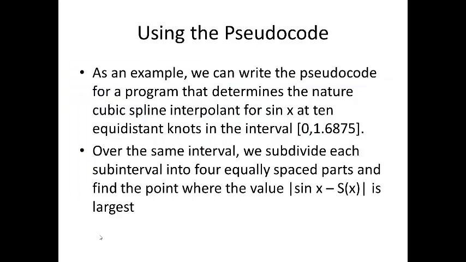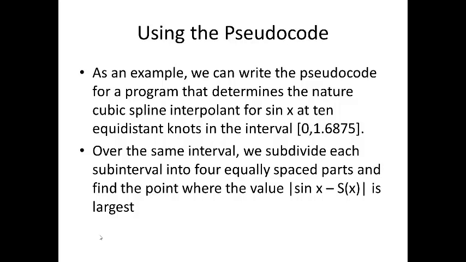As an example, we can write the pseudocode for a program that determines the natural cubic spline interpolant for sine x at 10 equidistant knots in the interval from 0 to 1.6875. Now, we've done that problem before with interpolation, but here we're going to use a natural cubic spline.